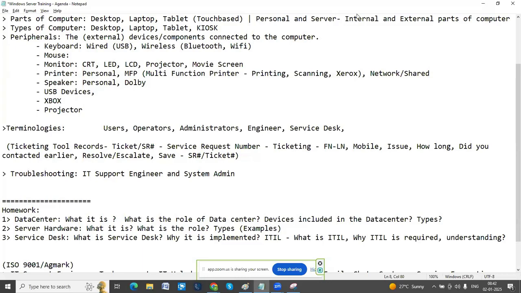So the parts of a computer, no matter whether it's a personal or server computer or laptop, are internal and external parts. These external parts are called peripherals. External devices or external parts. Internal parts, we will learn.